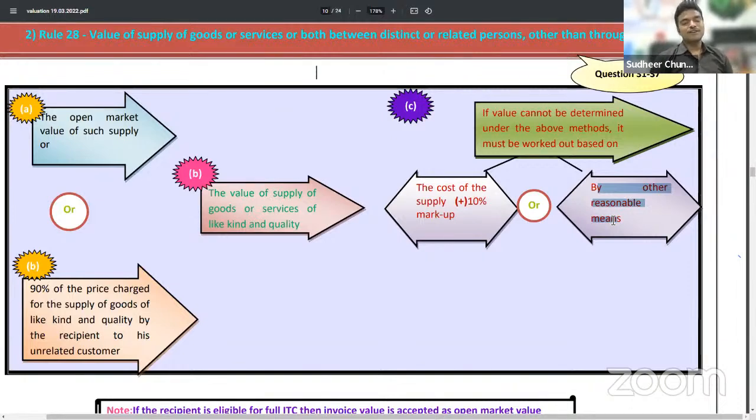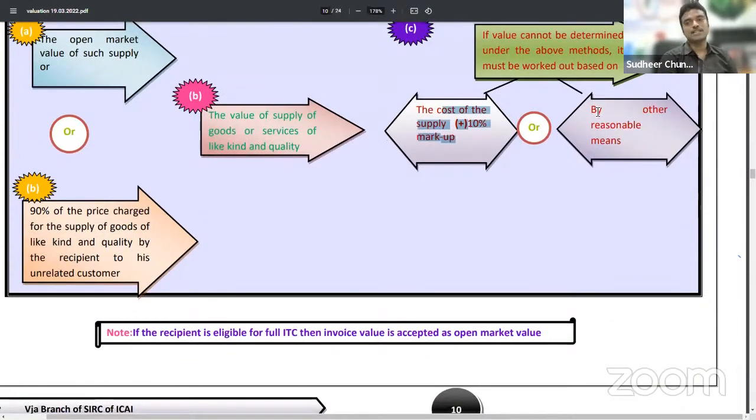So first preference will be given to the open market value or 90% of like kind and quality goods. Next preference, cost plus 10%. We assume 10% will be the profit margin, cost plus 10%. Next, reasonable means. Okay. But very, very important, sir.